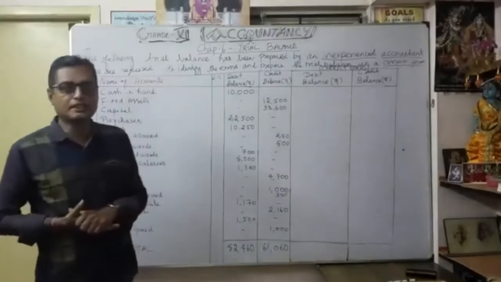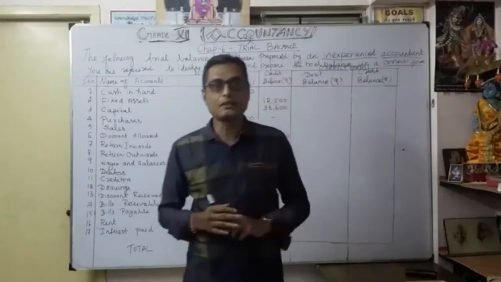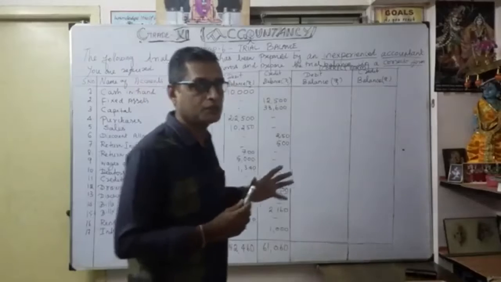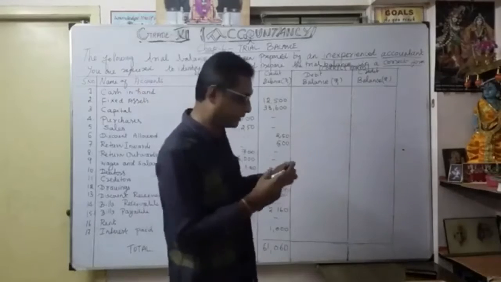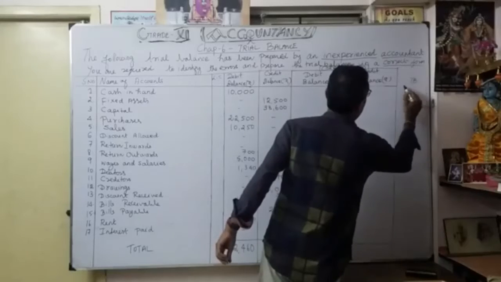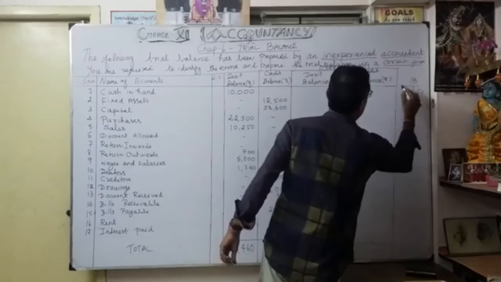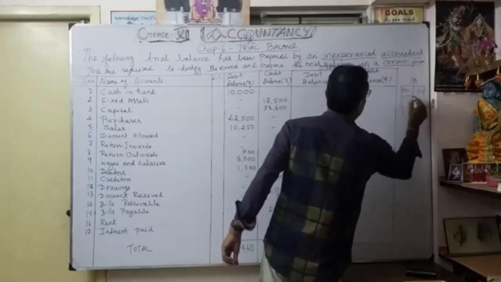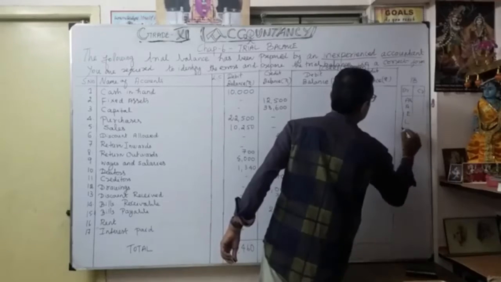Now let's see how you are going to rectify the errors in this trial balance. Before that, you have to write the formula for trial balance, which you should already know, so I am writing it here. As you know, you should know what should be debit and what should be credit. Debit means all assets, expenses and losses.